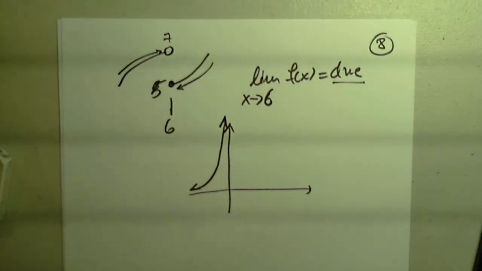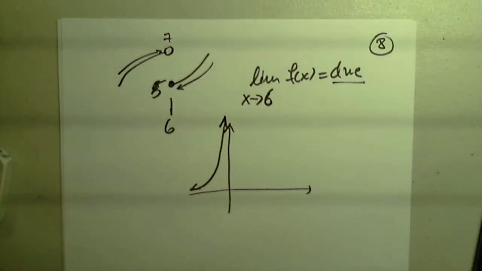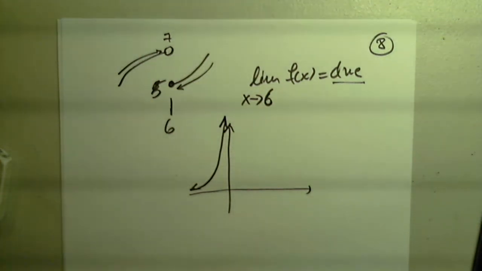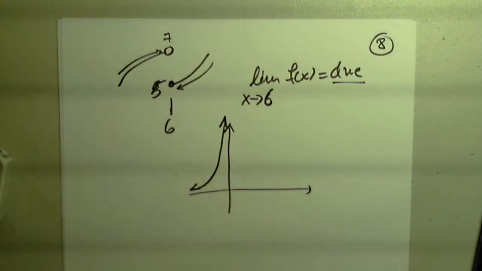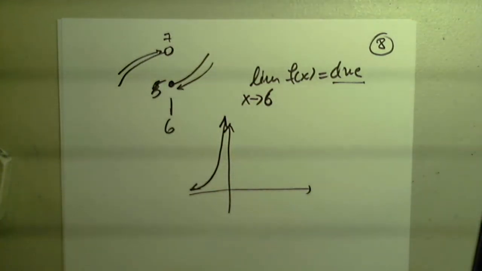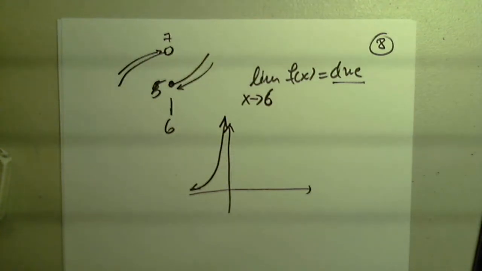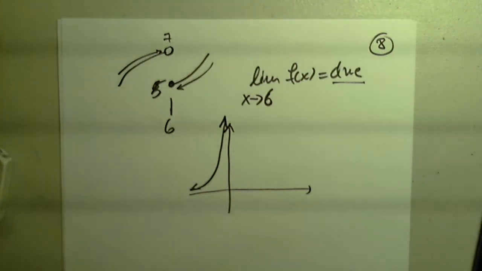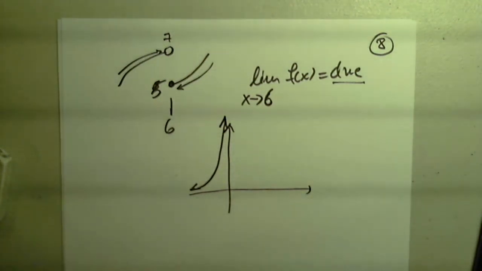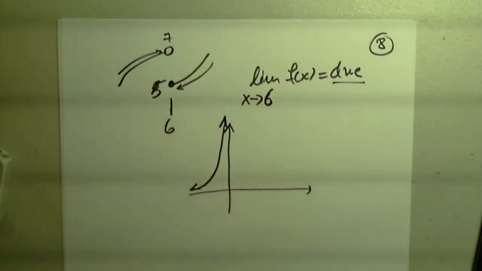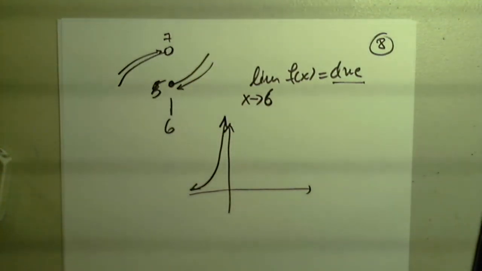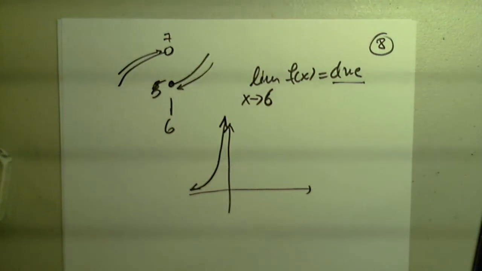What about the limit of h of x when x approaches 1 from the left? 1 from the left, 45. As x approaches 1 from the left, follow the function. Would be 2?